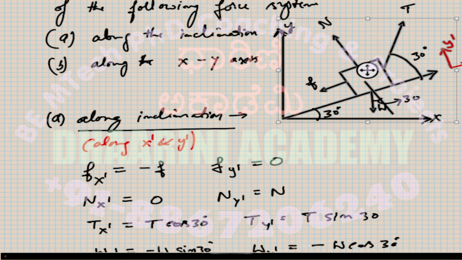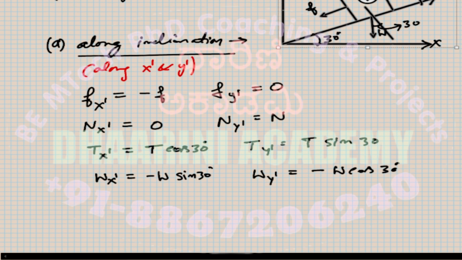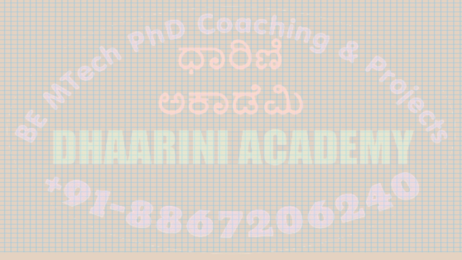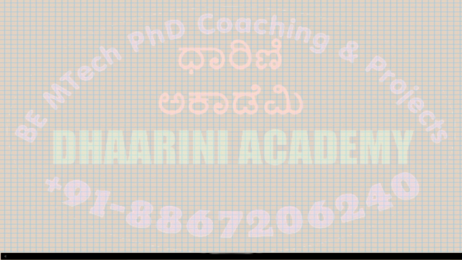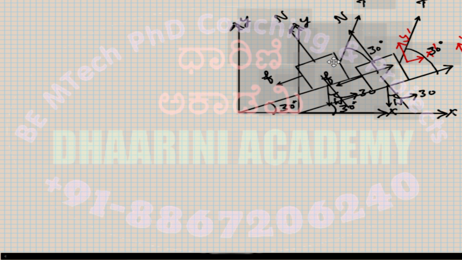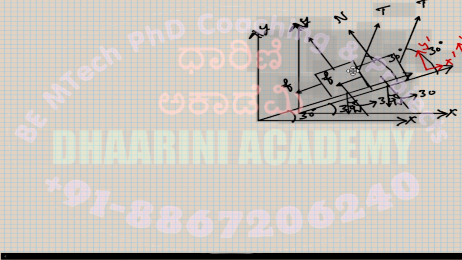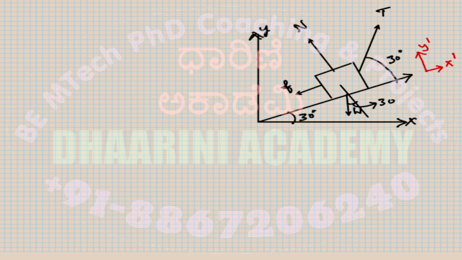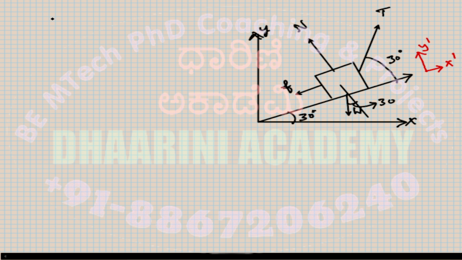All right, let's go down. So this is along the x and y axis now. So next part of the question, this is part B of the question, that is along x y axis.